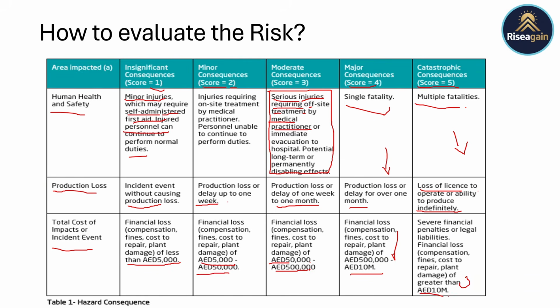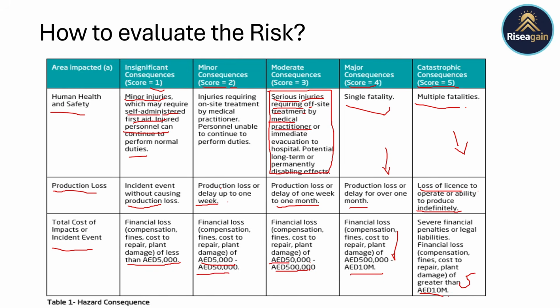So based on these, you can understand how to evaluate the risk level and likelihood and consequences. You might have seen that some people they put 3, some people they put 5, some people they put 2. So how you need to add these types of rating in the risk assessment.